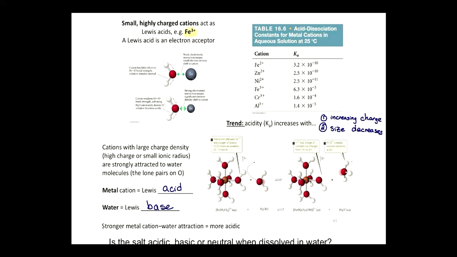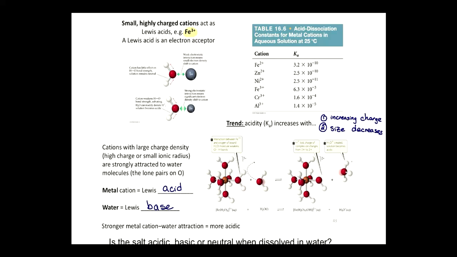So what we see here is that oftentimes Lewis acids are very highly charged cations that are not group 1 or group 2. All of these cations have slightly elevated Ka values, meaning they are slightly acidic. The trend with acidity for Lewis acids is the tighter the charge density.